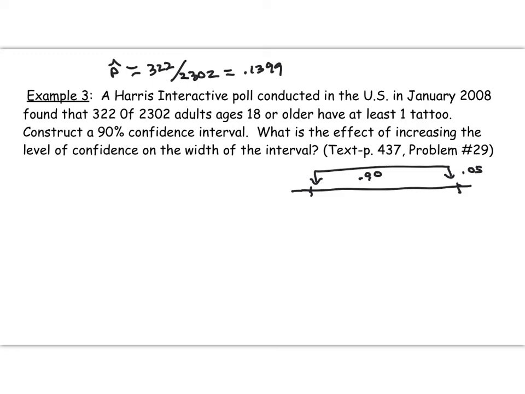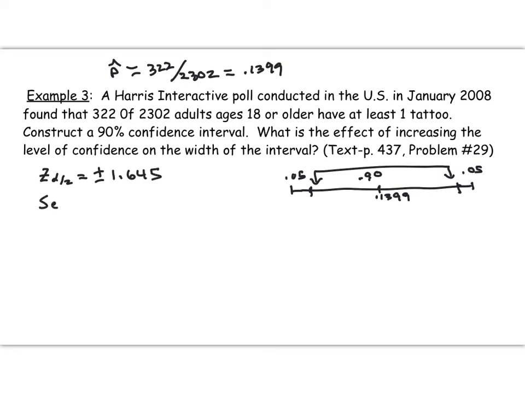So alpha is 0.1, and if we divide that by 2 to put half of it on each end, we're looking for z 0.05. And that we have calculated earlier for a 90% confidence interval to be plus or minus 1.645.